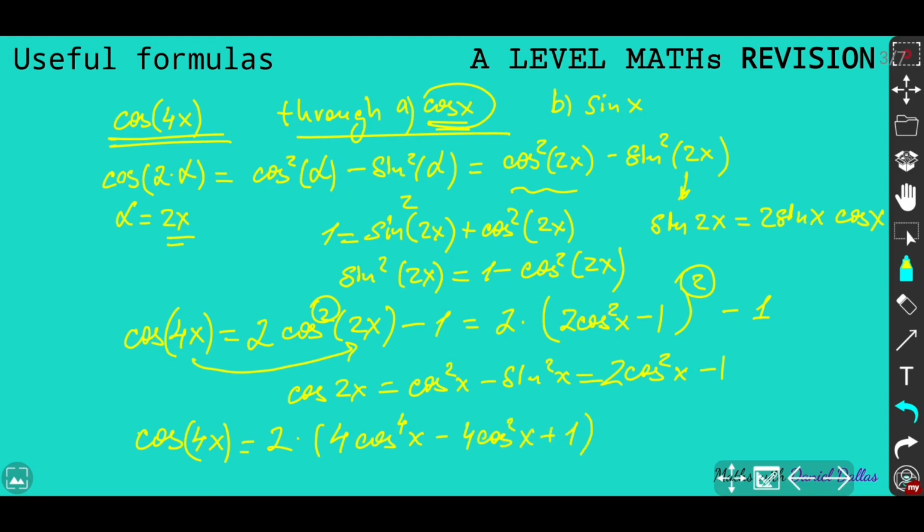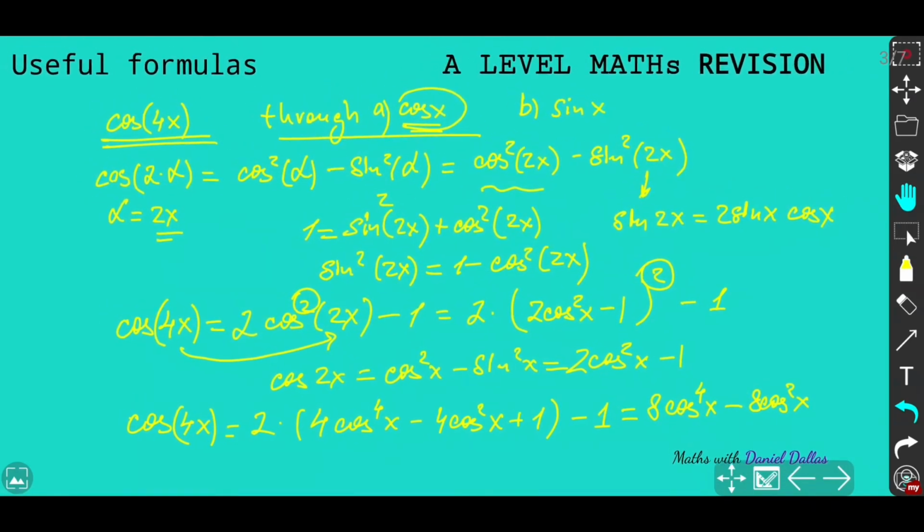Again, I'm just using the formula of the square of the difference, a minus b squared, and take away 1. And finally, if you expand the brackets, you'll get the final expression as 8 cos to the power 4 x minus 8 cos squared x, and in the end, plus 2 and minus 1 is going to be plus 1 finally.